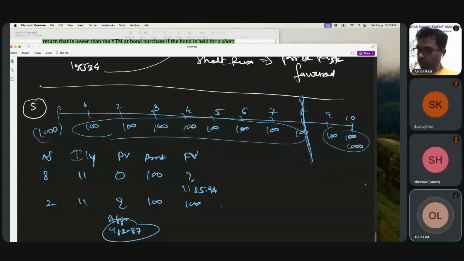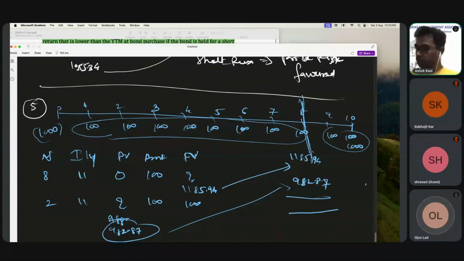So this is 1185.94 and this is 982.87. This is all straight linear. The total is 2168.81, and you invested 1000.